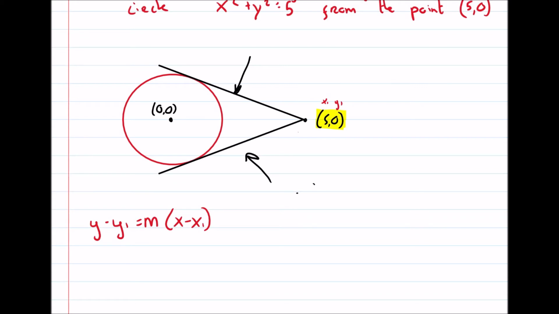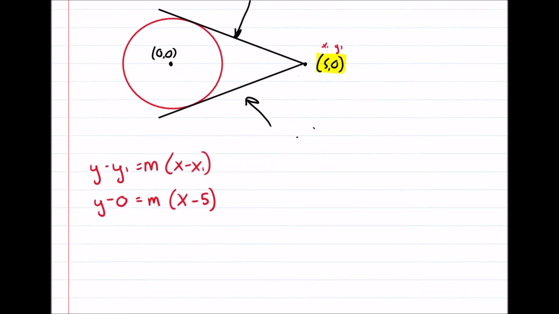So let's put in what we know. y minus 0 equals m, we don't know what the slope is of either of the tangents, times x minus x1, which is 5. And that will give us y equals mx minus 5m.